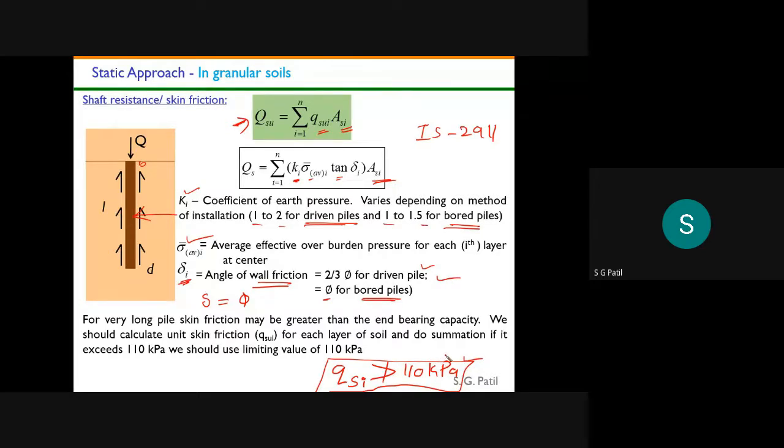If you refer to different textbooks, they will solve these problems in different ways. There is no unique or single method. This is based on research. Some people will put some capping value, and if you refer to some other author, they will give a higher number. It all depends on whom you are referring to. But we will stick to IS 2911. Whatever IS 2911 says, accordingly we will solve it.